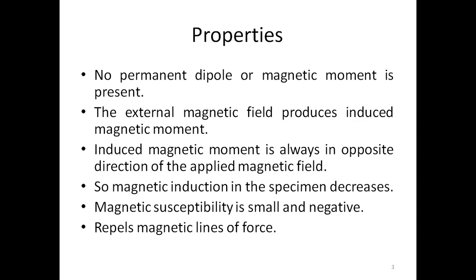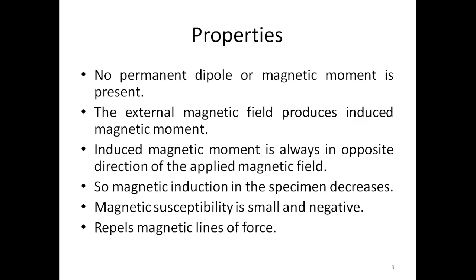Whenever a bar magnet is placed in an external magnetic field, magnetic moments are induced in it. This induced magnetic moment is always in the opposite direction to the applied field. So the magnetic induction in the specimen will be slightly decreasing.